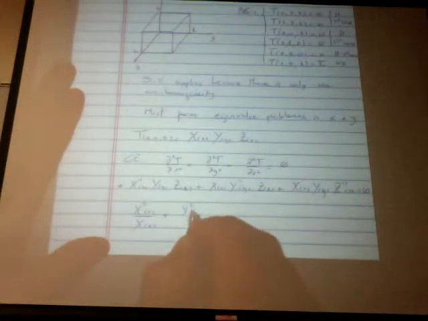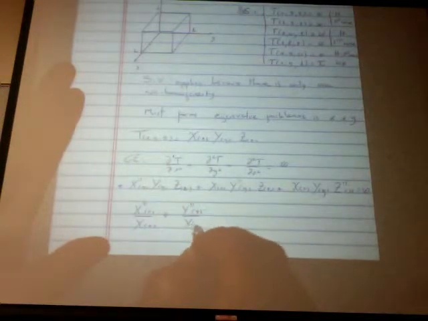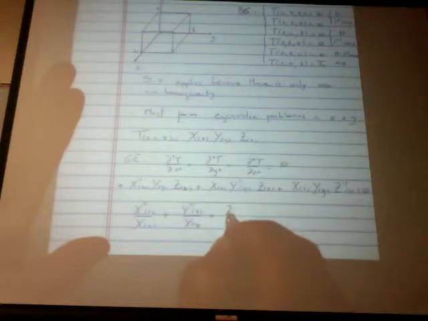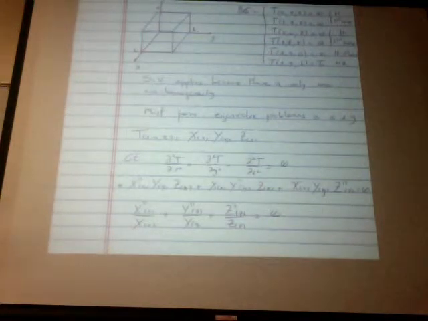And if we divide everything by X, Y, Z, we get X''/X plus Y''/Y plus Z''/Z is equal to 0. So now it has the potential to be separated.